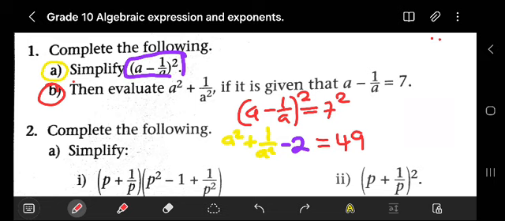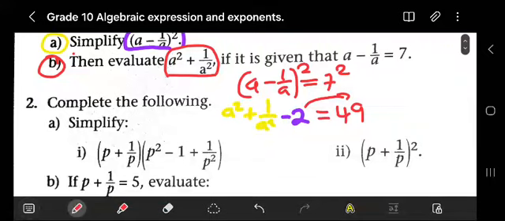You see, they said we should evaluate this only. So you can take this to the other side, it will become positive. If you take that to the other side, you are left with a squared plus 1 over a squared. Then this will add, you'll say 49 plus that will be what? 51. You understand?